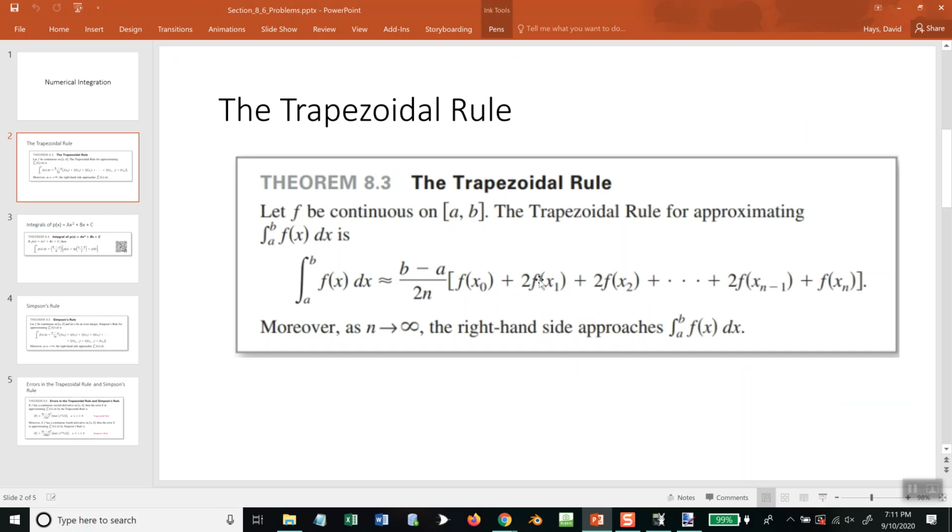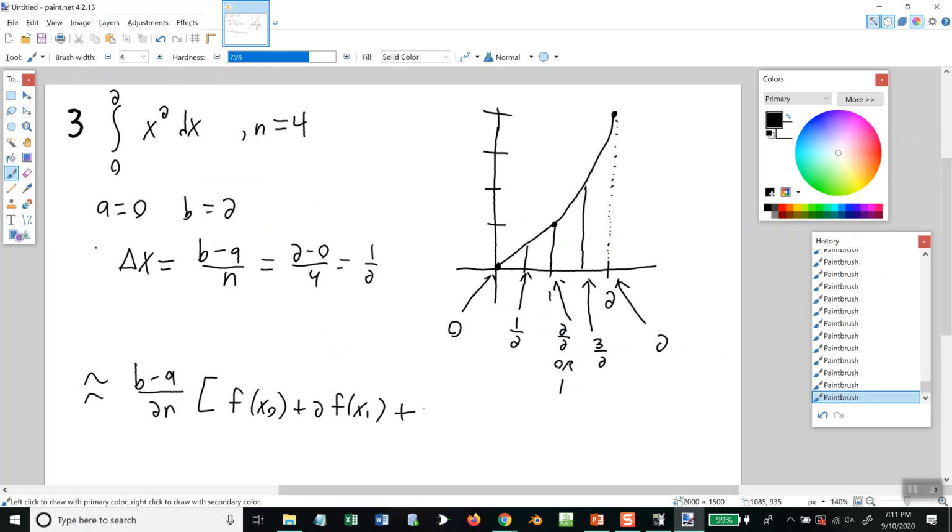Now all of these have 2's in front of them except for the beginning one and the ending one. So this is going to be 2 times f of x2 plus 2 times f of x3. And our last one, the n is equal to 4, is going to be plus f of x4.